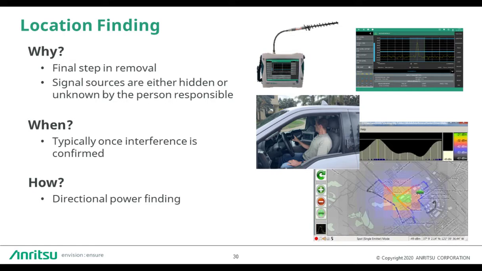Typically what will happen is you'll do a drive test, you'll identify a hot zone, then you go park, pull out your instrument with a more directional antenna, and then search through that hot zone until you've tracked down the actual source of the interference. And that's exactly how, for example, the interference was found in that example that I gave you earlier of the store owner who had the LTE jammer in his shop.